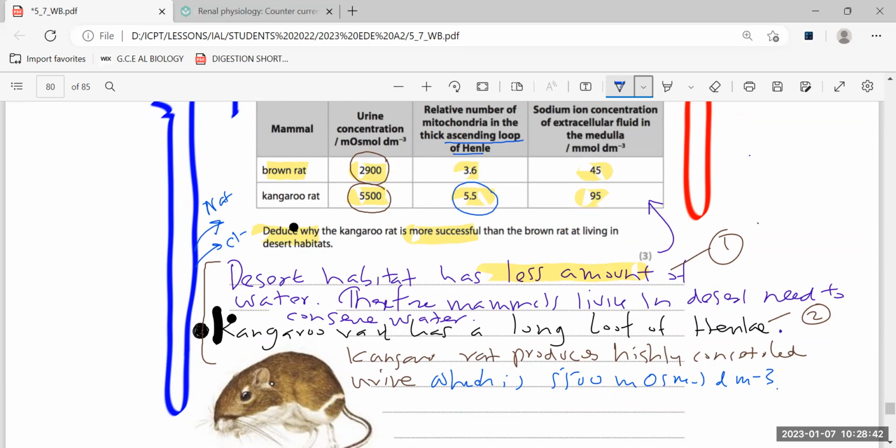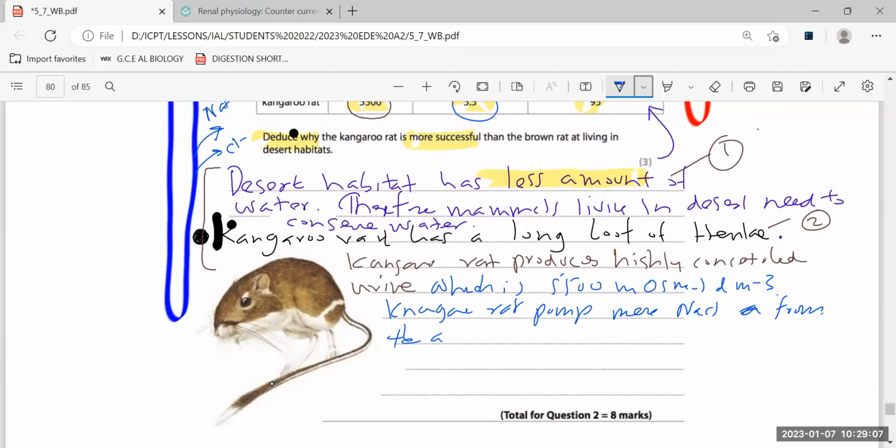So we can write that the kangaroo rat pumps more sodium chloride from the ascending limb as it has more mitochondria, so more ATP, right?